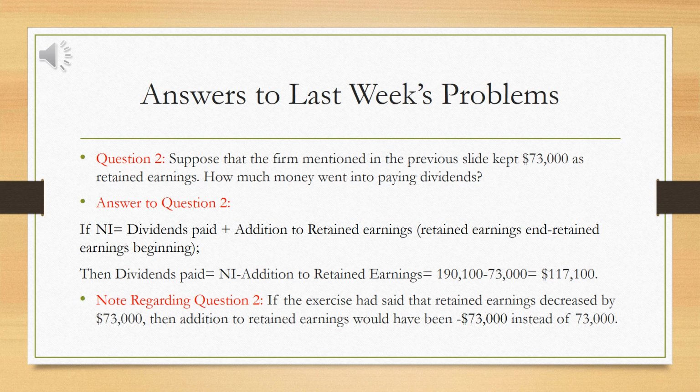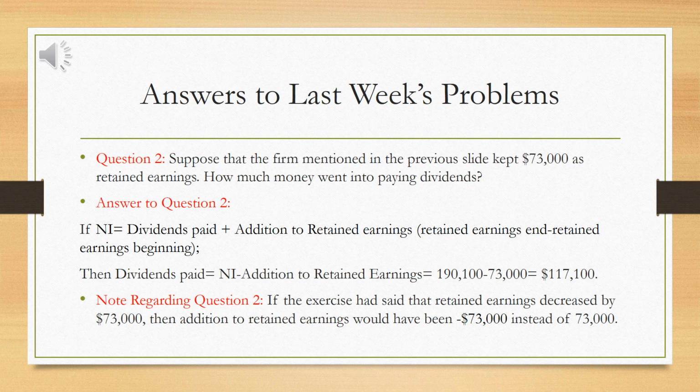How much money went into paying dividends? Well, we know that net income equals dividends paid plus addition to retained earnings. So dividends paid are net income minus addition to retained earnings. We know from before that the net income is 190,100 and the addition to retained earnings are 73,000.